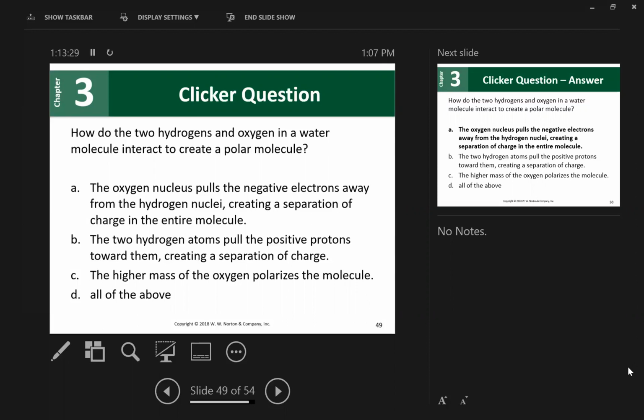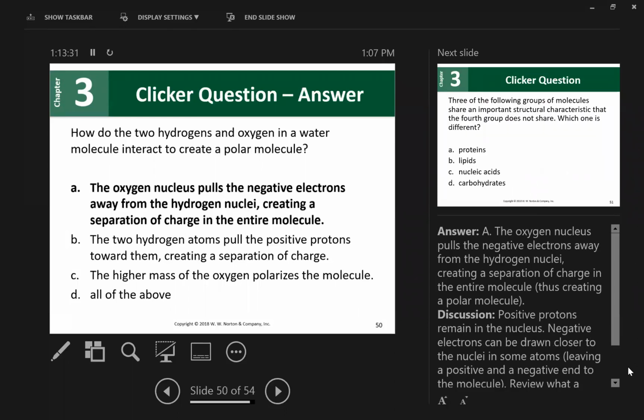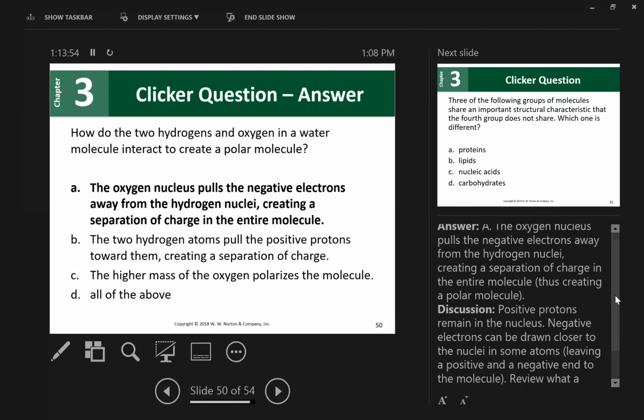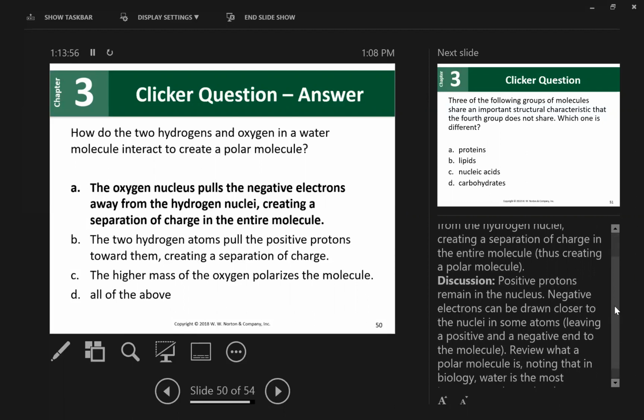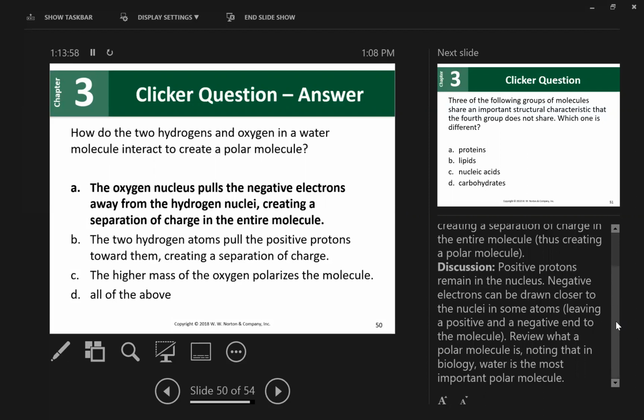The answer is A. The oxygen nucleus pulls the negative electrons away from the hydrogen nuclei, creating a separation of charge in the entire molecule. So positive protons remain in the nucleus. Negative electrons can be drawn closer to the nuclei in some atoms, leaving a positive and a negative end to the molecule.